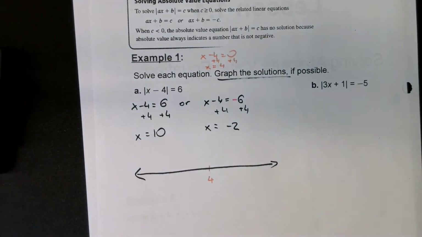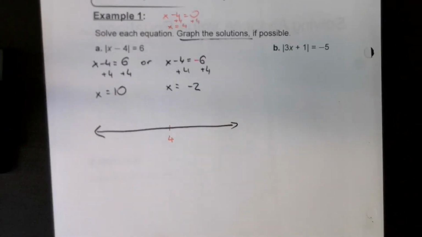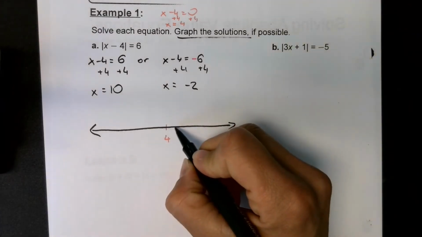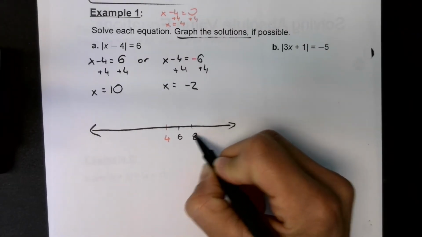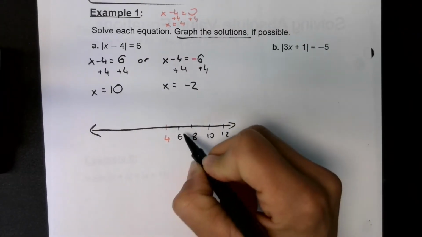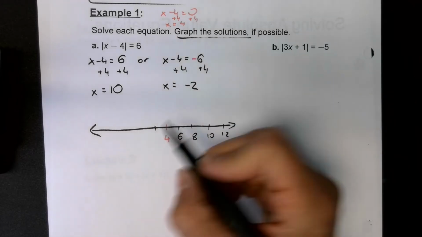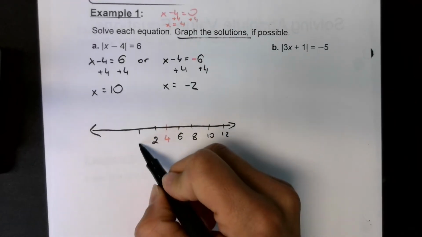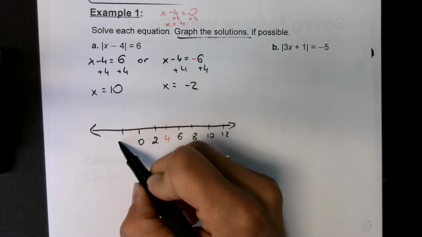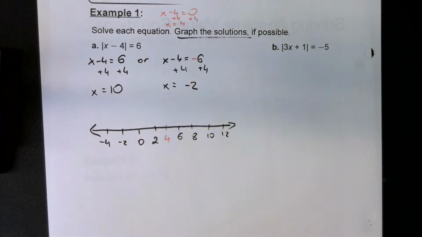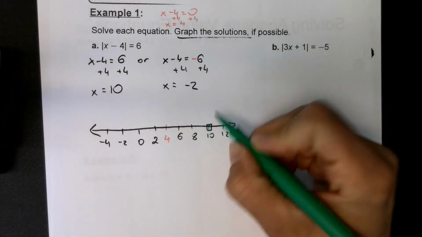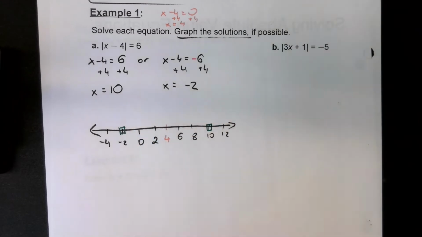Okay? And I am going to go by 2. So 4, 6, 8, 10, 12. Now in this direction, we have 2, 0, negative 2, negative 4. We are supposed to move, right, to 10 and to negative 4.